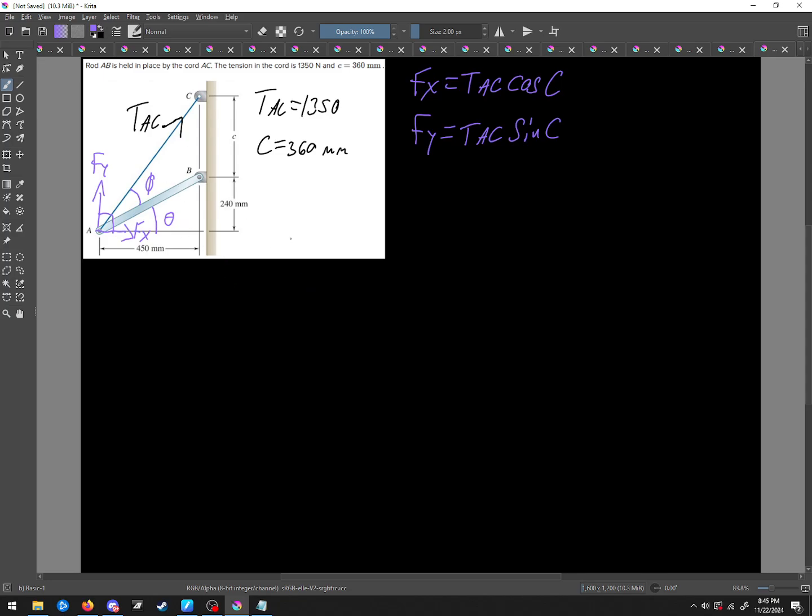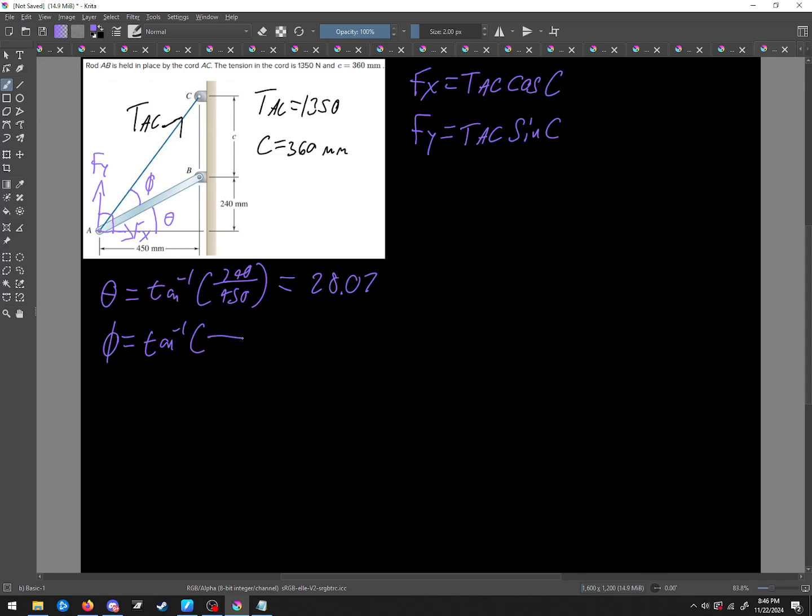So let's see. Theta equals tan inverse of opposite over adjacent, which is 28.07, and then phi is going to be equal to tan inverse of opposite, which is 240 plus 360, over its base, which is 450 still.